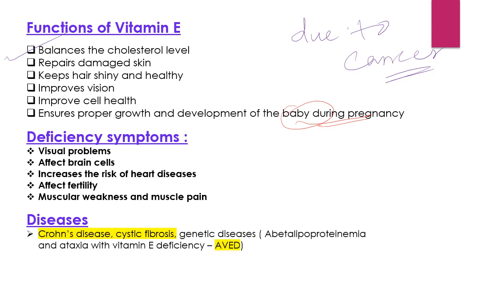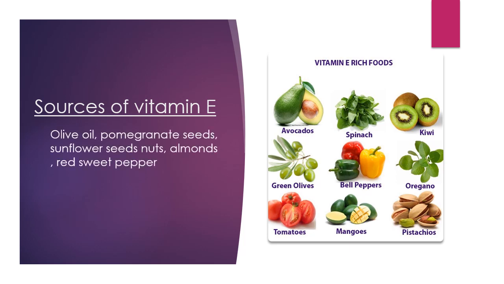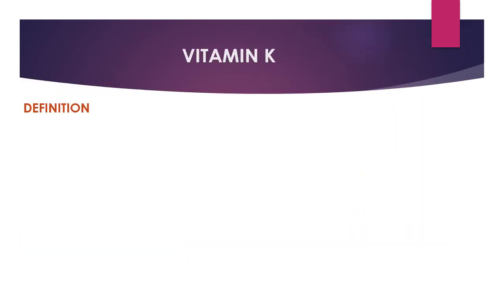Look at the diseases, very important: Crohn's disease, cystic fibrosis and others are caused by the deficiency of vitamin E. Look at the sources of vitamin E: olive oil, pomegranate seeds, sunflower seeds, nuts, almonds, red sweet pepper.